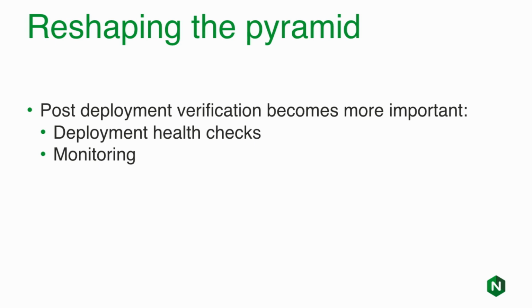You want to know if your application is alive after a deployment and over time, so health checks become really important. And monitoring. A lot of people say monitoring is the new testing. I have a background of quality engineering for more than 10 years, leading teams. Prevention is in my DNA.